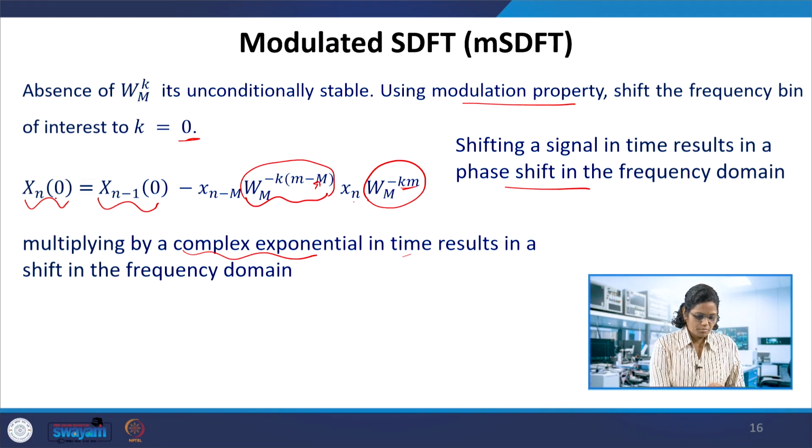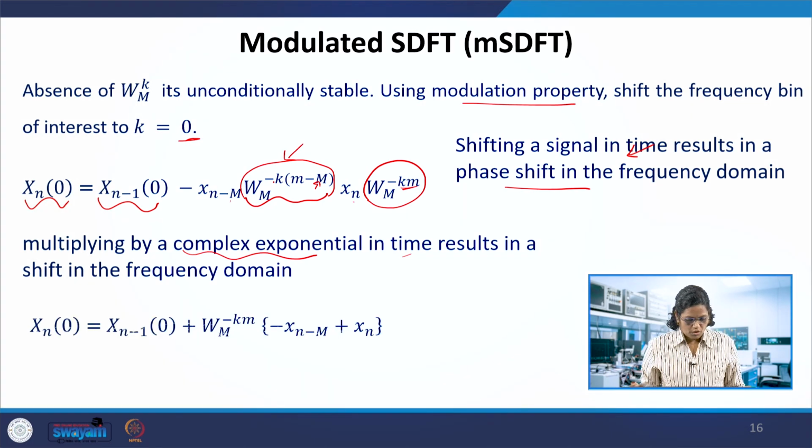So instead of shifting the signal, the shifting property that we had seen in the DFT, if you multiply this x[n-M], that shift, with W_M^{-k(n-M)}, that is the modulation property. This multiplication of a complex number results in a shift in the bin, X[k minus k0], whatever the bin index should be.